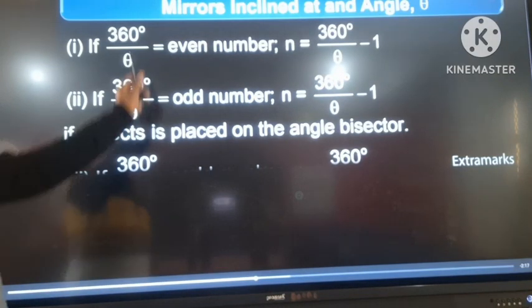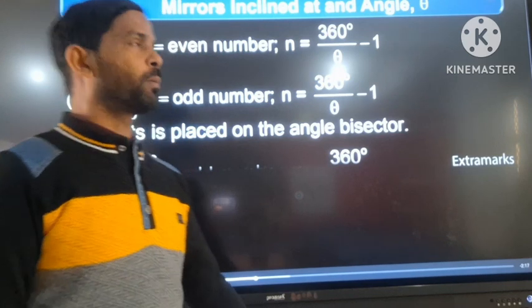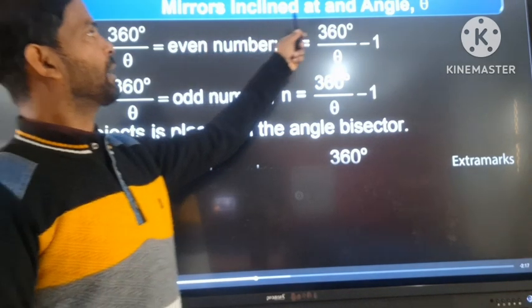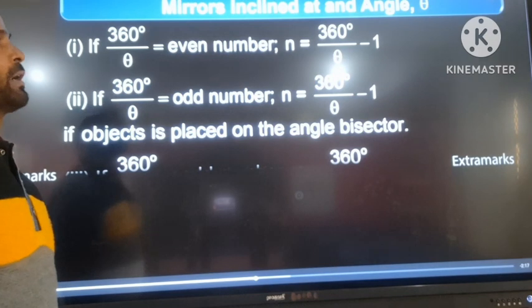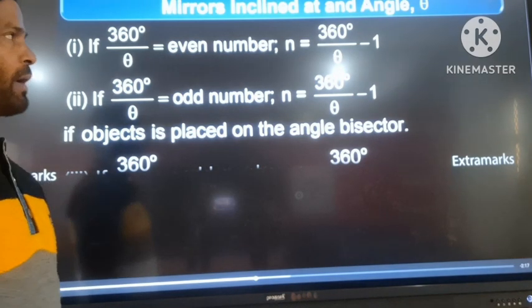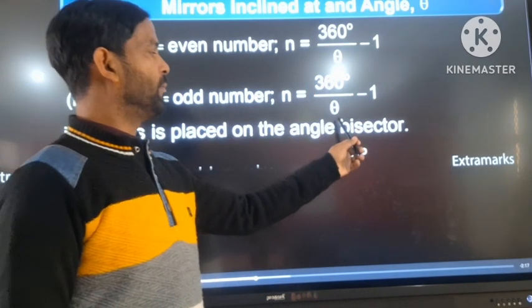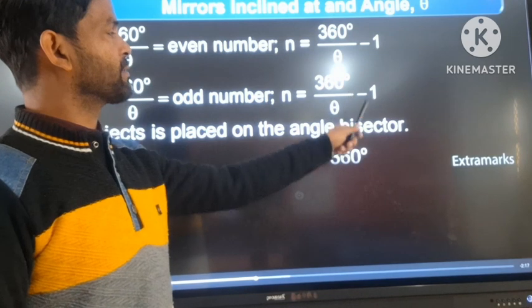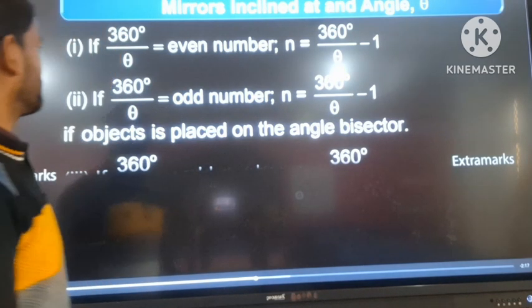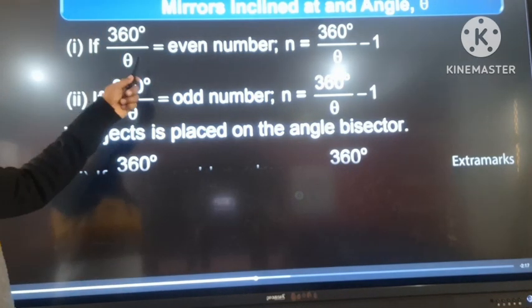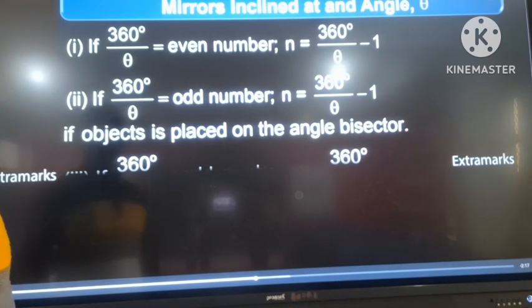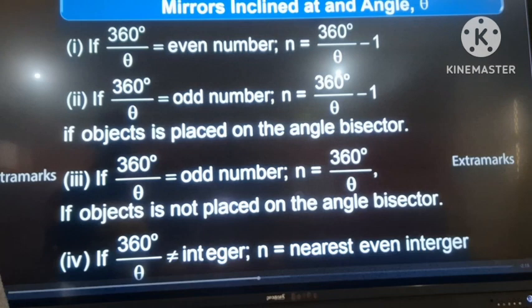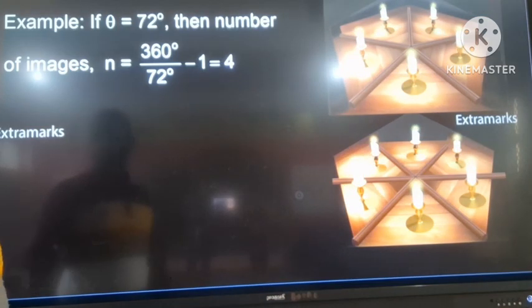The number of images formed by two plane mirrors inclined at an angle theta is n equals 360 by theta minus 1. On that basis, if the object is placed, a number of images are formed.